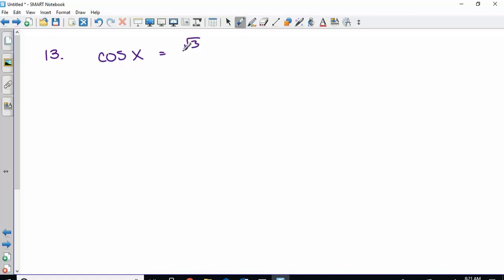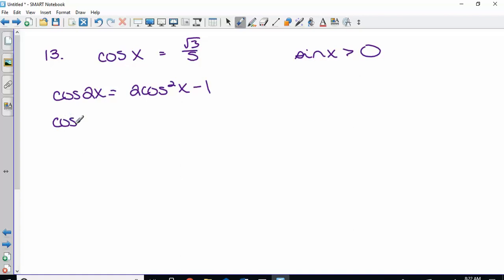This time I told you cosine of x. Okay. So if I want cosine 2x, let's do that first. We have 3 formulas for cosine 2x. If you have cosine, which formula would you probably use? Not that you have to, but this would probably be the easiest.